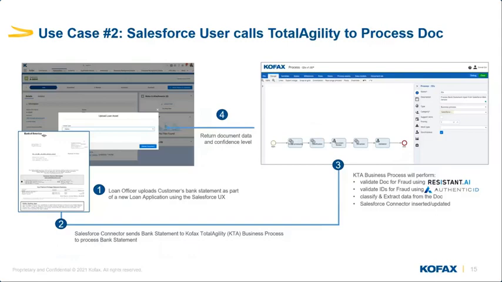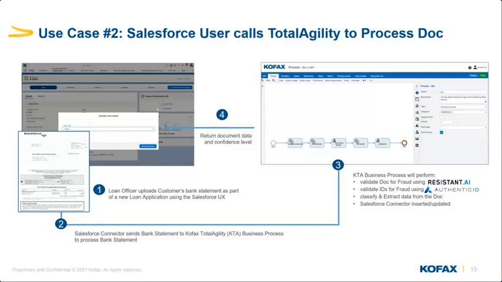Use case number 2 is the Salesforce user will call Total Agility to process the document. Now, this is going to be pretty similar. But essentially, this is going to be maybe like a financial officer side, like the loan admin. So let's say they maybe got a customer's bank statement from an email.